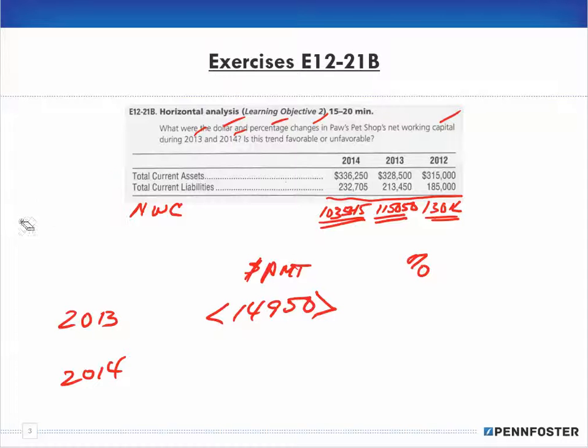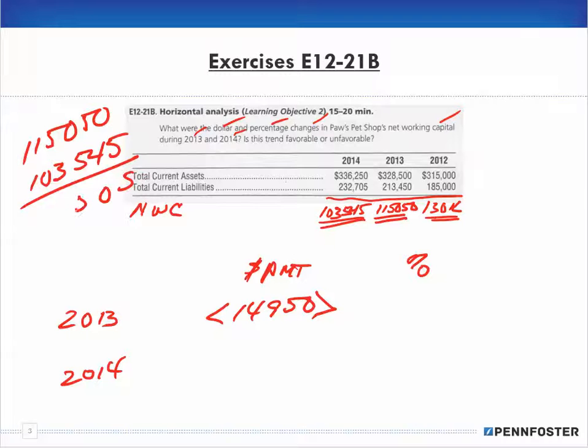So knowing that, as I do 2014 here, I could take the 115,050, because all I want to know is the difference between the two numbers, and subtract out the 103,545, which gives me 11,505. It's decreasing from the previous year, so it's a negative 11,505.